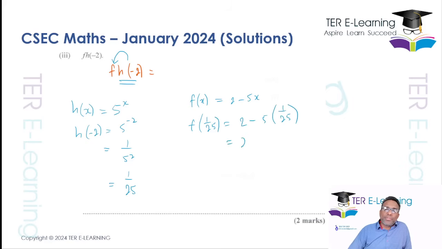So 5 by 1 over 25 is actually 1/5. So therefore, what should we give our answer as? We can give our answer as 1 4/5, or you can say 9 over 5. Any one of them will work, that's fine. So the answer for the composite function is going to be 9 over 5.